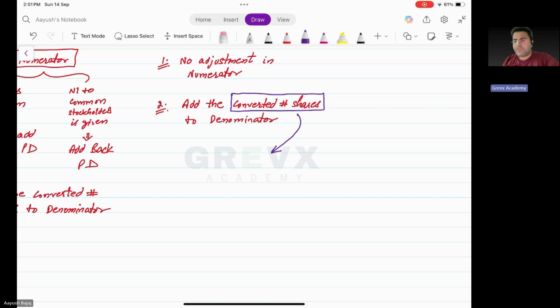We follow a method known as the treasury stock method. What is this treasury stock method?